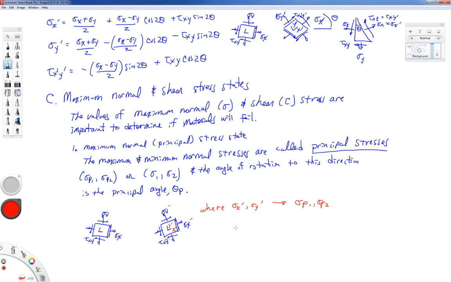We also want to know what happens to tau x prime y prime when we get to these maximum principal stresses. So let's write that down. When we go through that special angle, principal angle theta p.